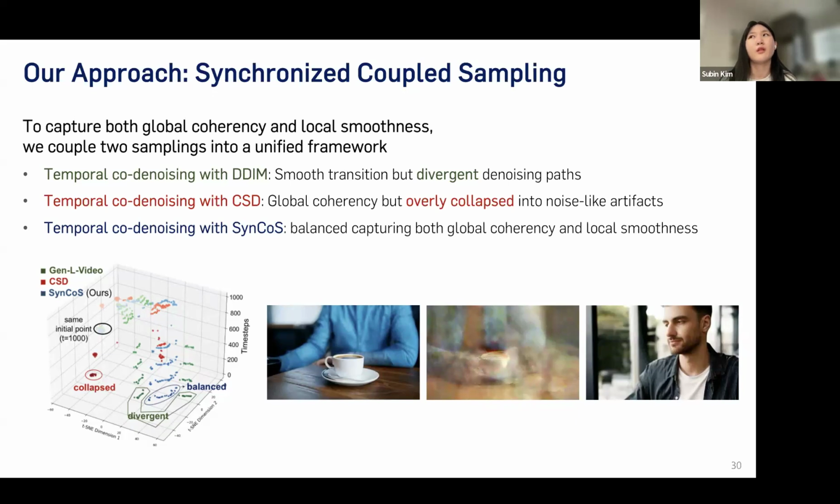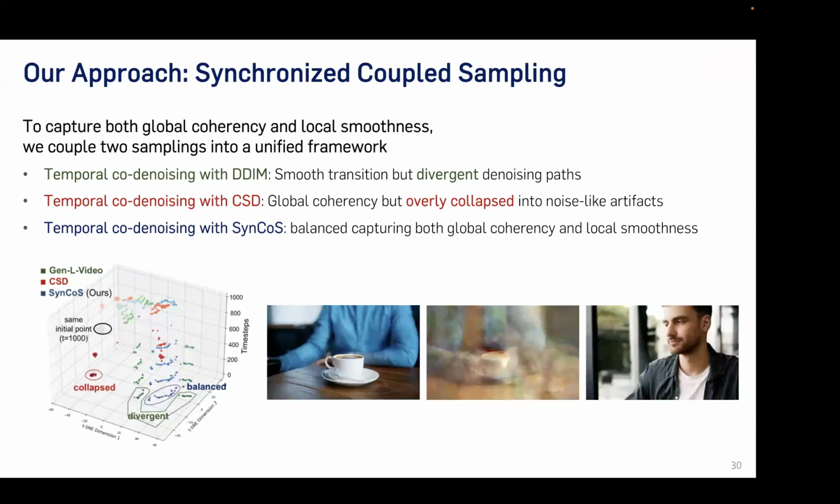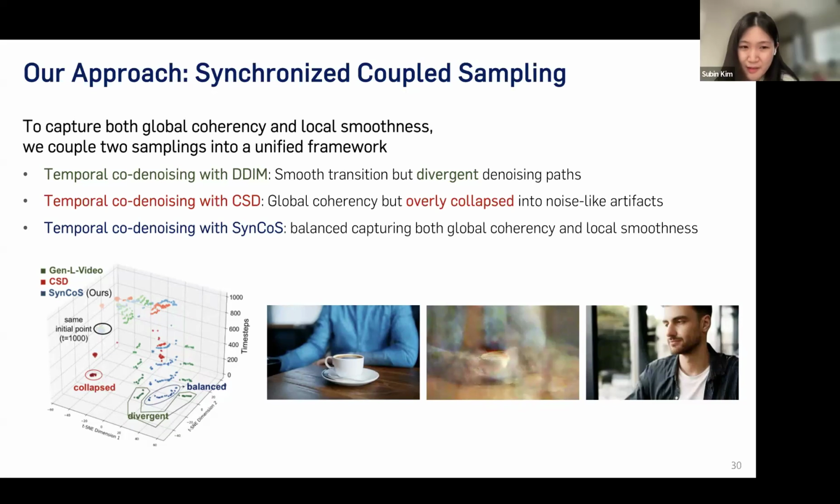So your question is how to know that the final image would be like that? Maybe you need to clarify that it's a video. I thought it's a video. Yeah, it's a video. So is it SynCoS, the synchronized coupled sampling, that is producing this middle video, the one in between?